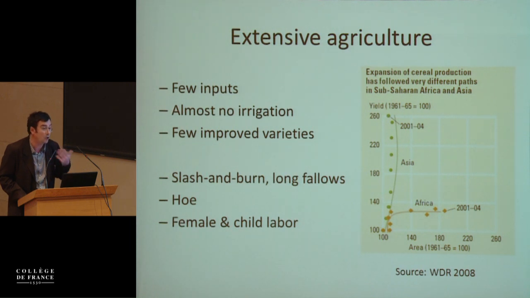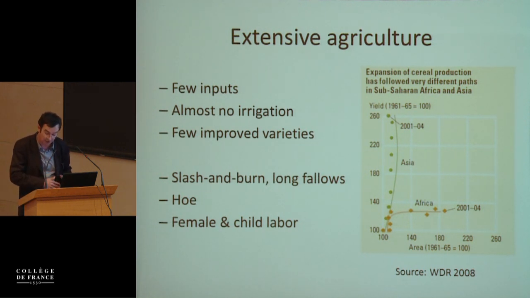It's important to recall that African farmers were able in the past to adopt many crops from the Americas, and they turned them into very important crops like cassava, maize and cocoa. But at the same time, African agricultural techniques have not intensified.